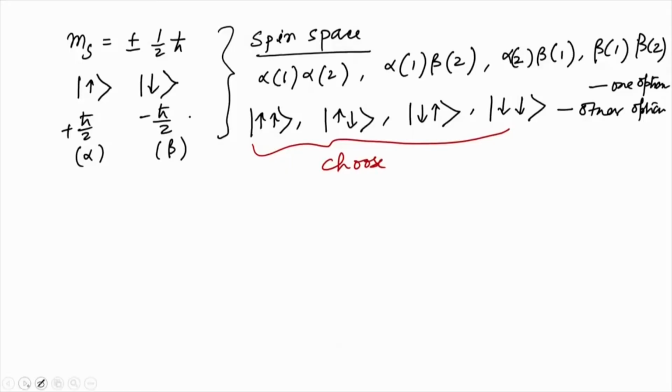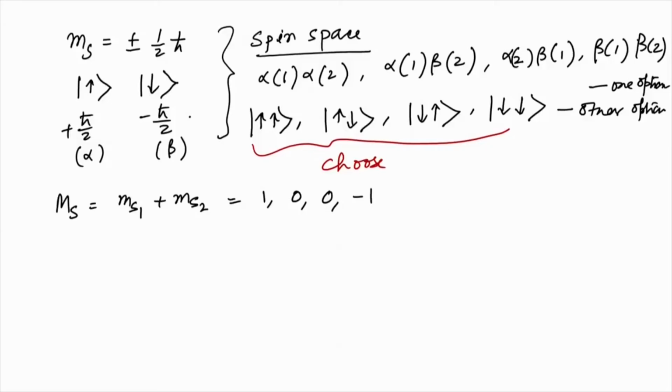Let us choose this option in order to write the wave function to discuss this problem of two spins. So, what is the total value of Ms, which is Ms1 plus Ms2? It can take values 1, 0, 0, minus 1: 1 when they both add up, half plus half; 0 when half minus half; 0 when minus half plus half; and minus 1 when minus half minus half.